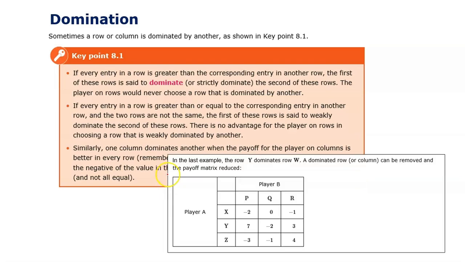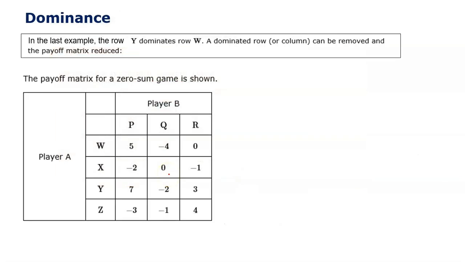Now, on that basis, let me show you that properly. In the last example, this was what we had. This is the payoff matrix. So what it means is, because player A should never ever play W, we've just seen that Y dominates.